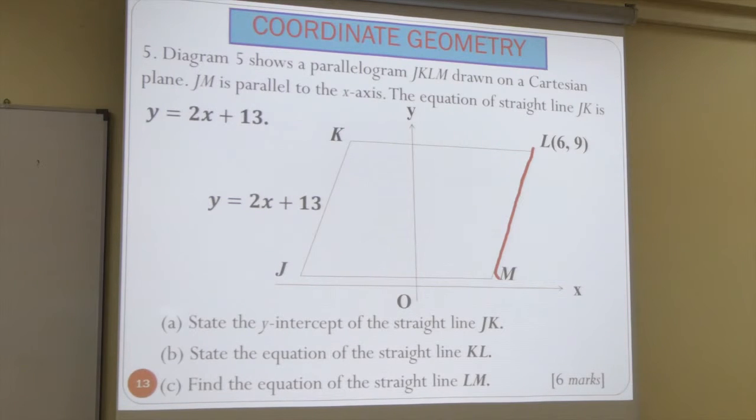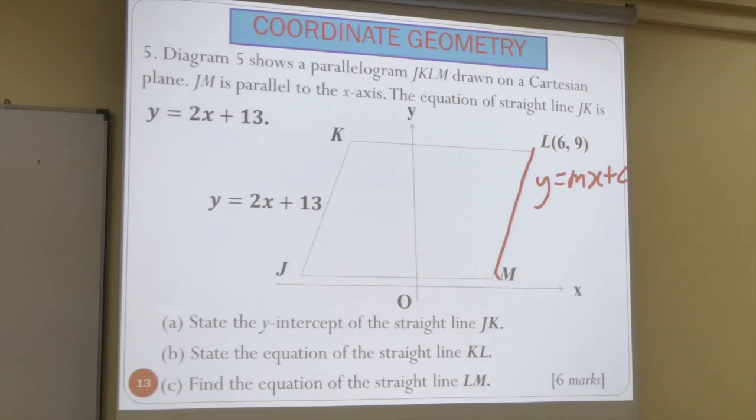Your hand like this, horizontal. Slanted or vertical? So which one is LM? Slanted. So when it is a slanted line, of course the equation will be y equals mx plus c.